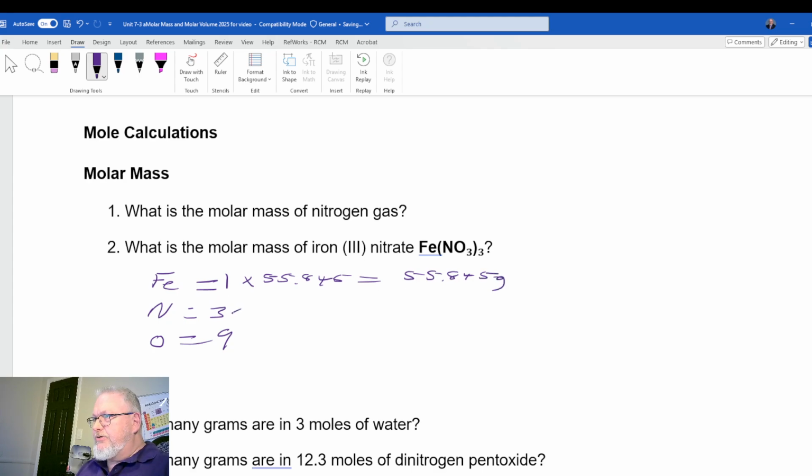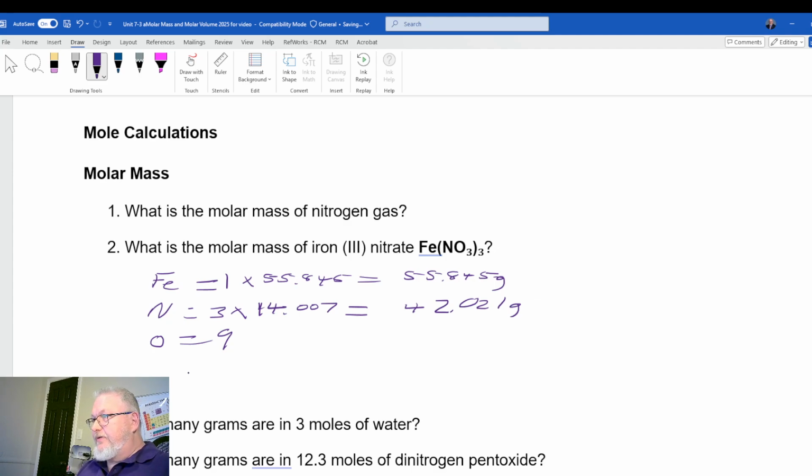Nitrogen, looking at the periodic table, 1 atom has a mass of 14.007 grams. But I've got 3 atoms, so I'm going to multiply that. 3 times 14.007 is 42.021 grams. I'll put that over there, 42.021 grams.